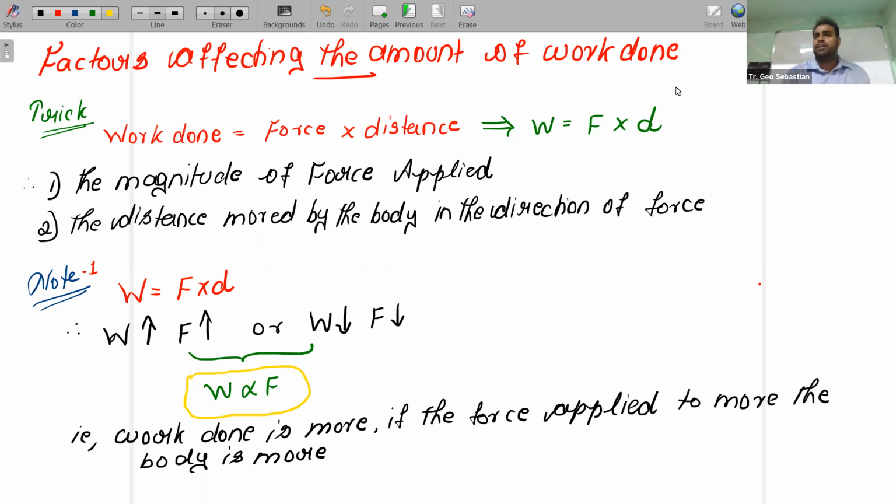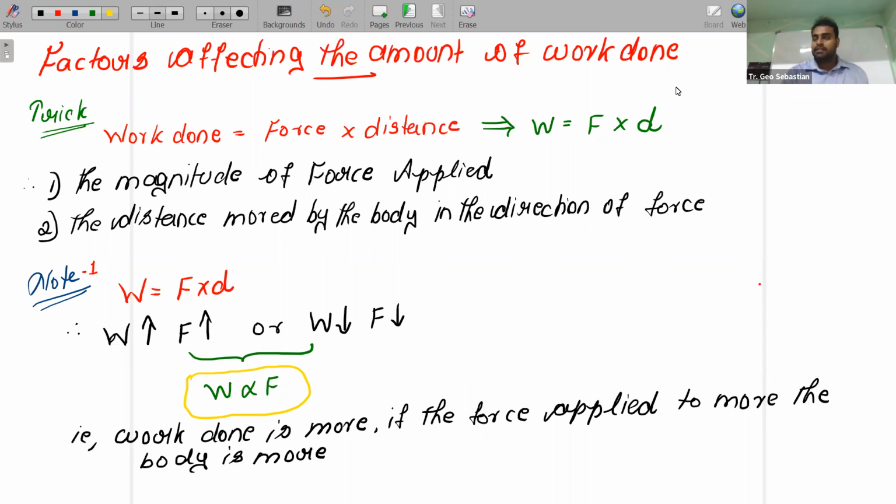So in which condition has the person done more work? With water, isn't it? Bucket with water. In that condition only, the person has done more work. Why? Because in that case, force is more. To carry that bucket, the person should apply more force. To carry an empty bucket, the force applied is less compared to carrying a bucket full of water.